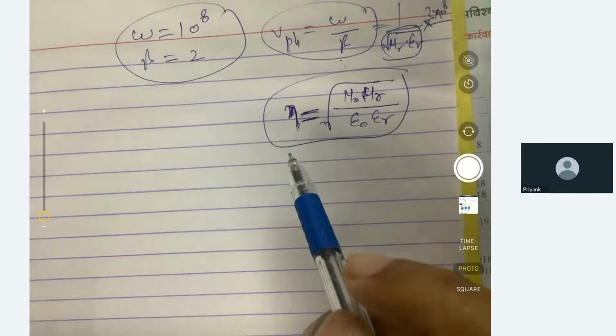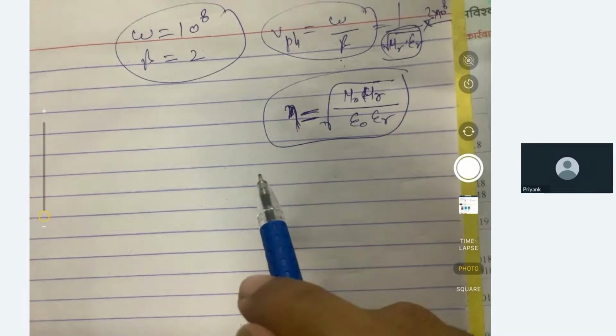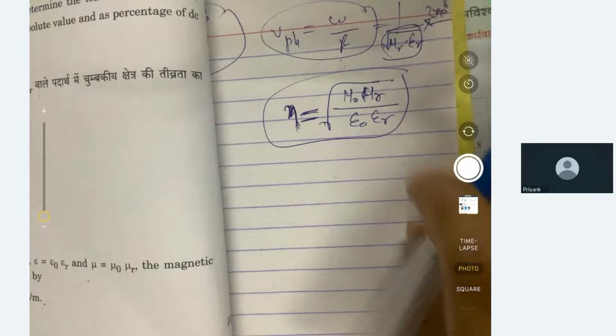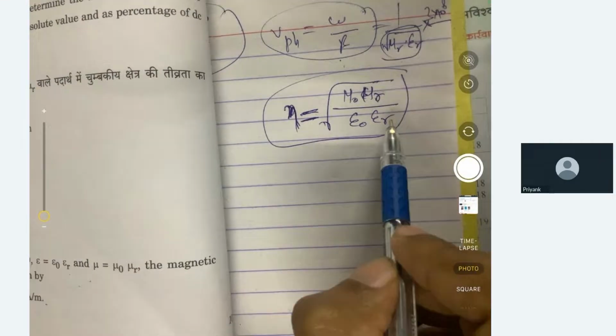Okay, so I think we will come back to it later on. Let's leave it, because the problem we are facing is that we are not able to find this root mu r upon epsilon r.